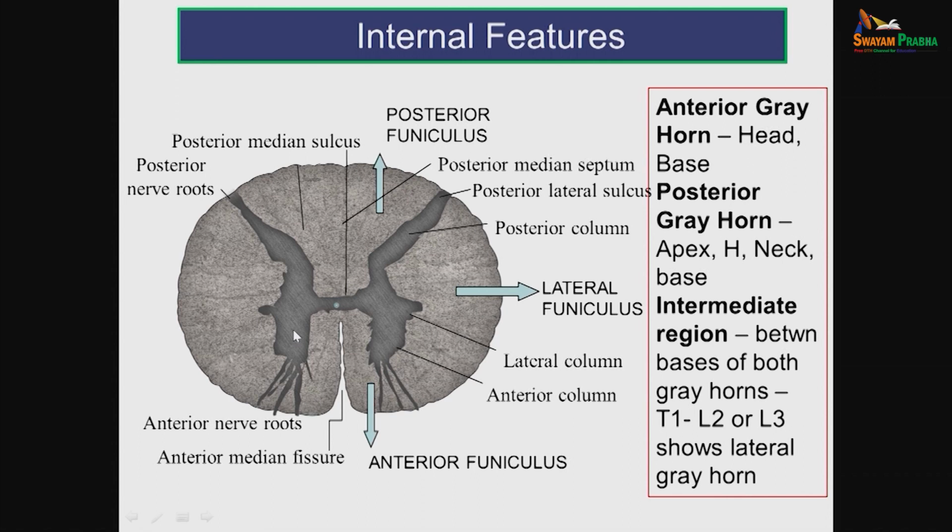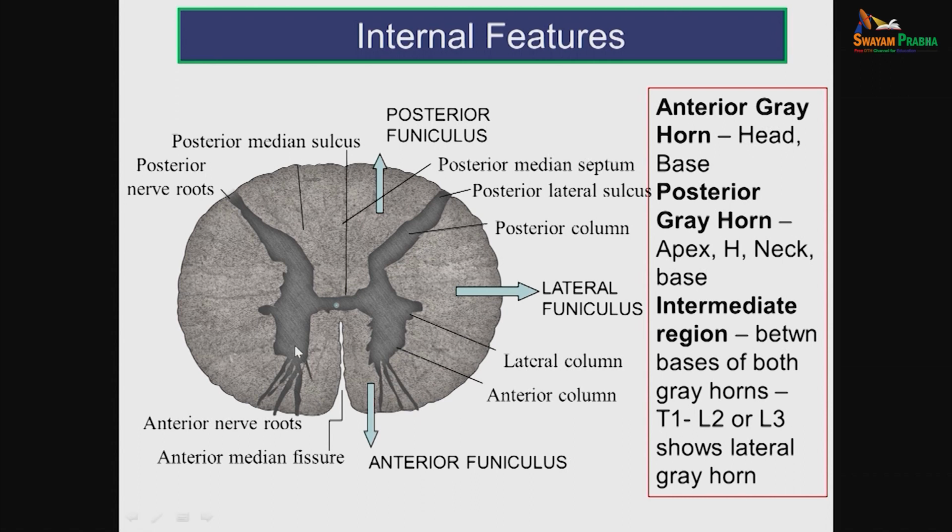If you look at this picture, this is the ventral grey horn and this is the dorsal grey horn. So what is grey matter? Grey matter is composed of nerve cell bodies, neuroglia and blood vessels. Why is it called grey matter?